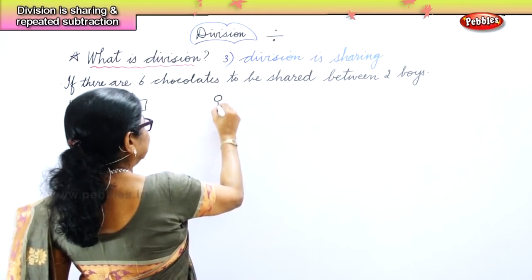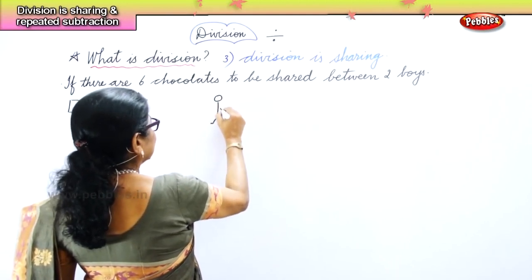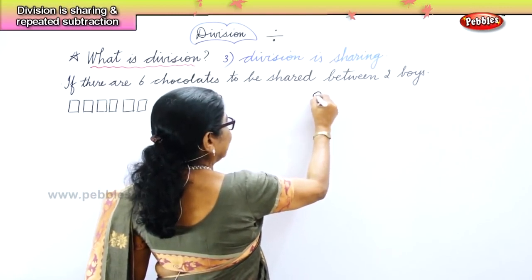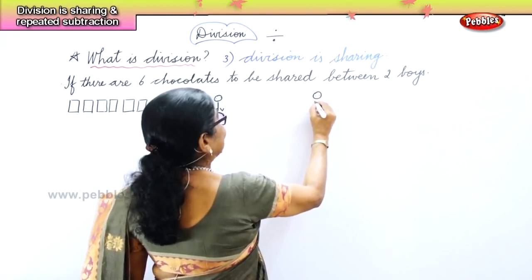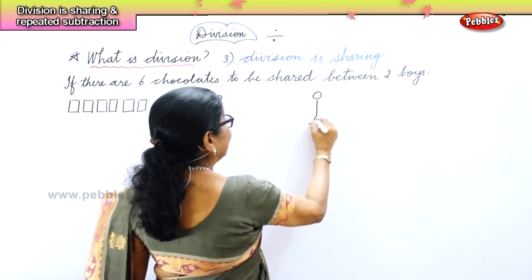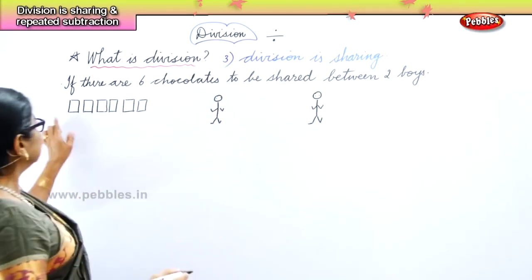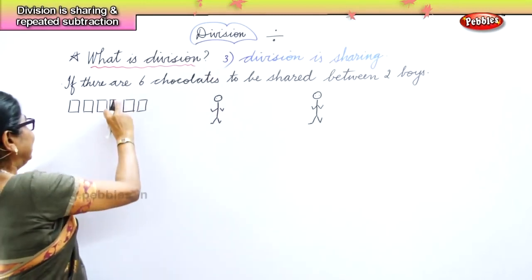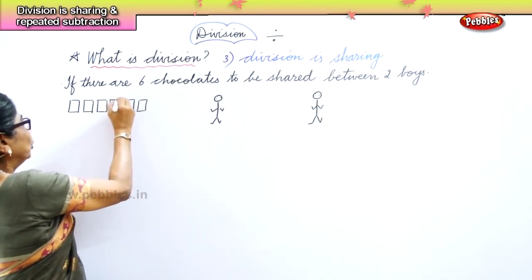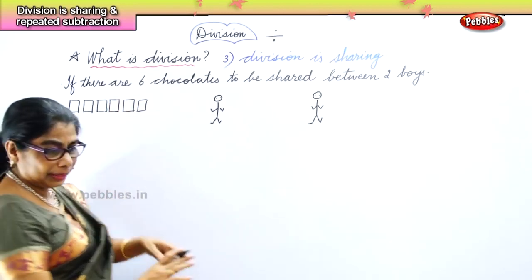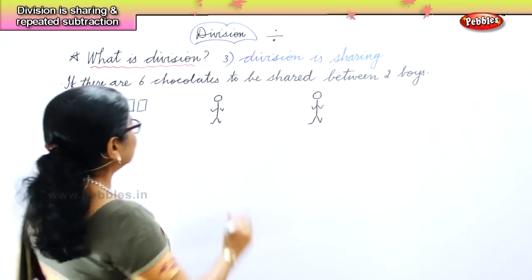Here, 1 and 2 boys. And we are going to share. Division is sharing. We are going to share equally the 6 slabs of chocolate between the 2 boys. They must get equally, otherwise they won't be happy. Now, here we go, sharing.